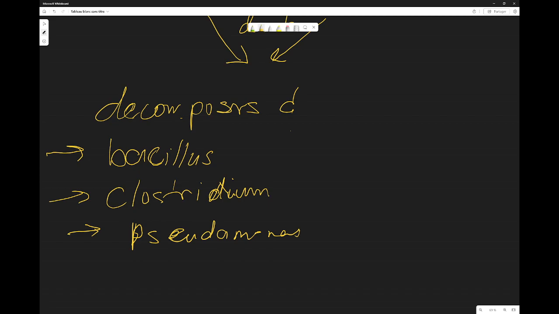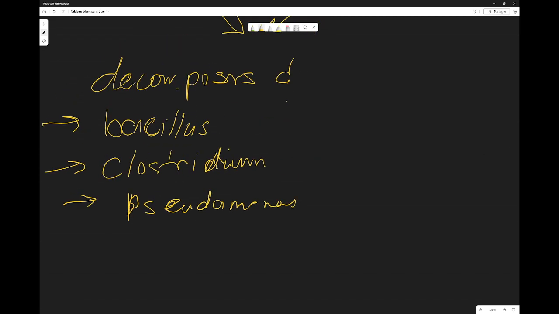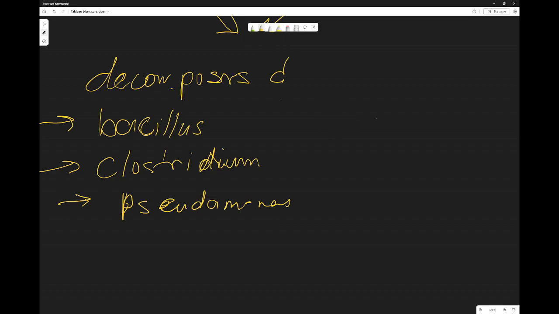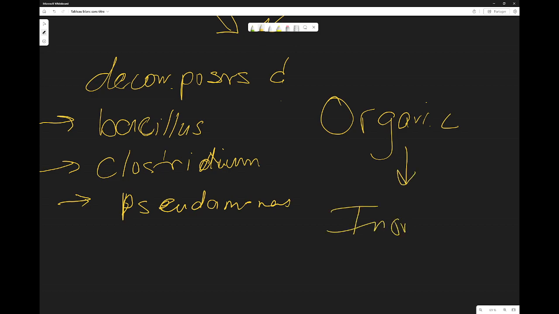These tend to break down organic material into smaller inorganic material. That's what decomposers technically do. So that should be fine so far.